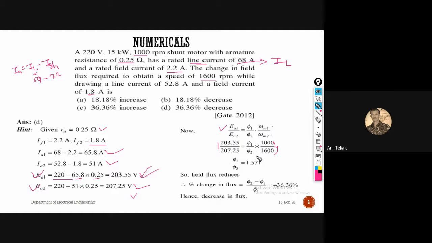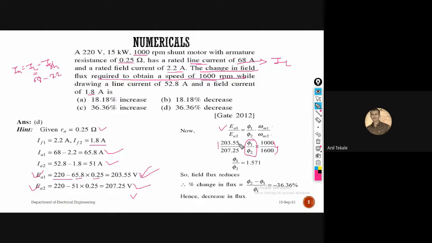Now phi1, phi2: what is the relation they have given? The change in field flux required to obtain a speed of 1600 rpm. So as they told us, whatever the values are there, we have to find this phi1 by phi2.